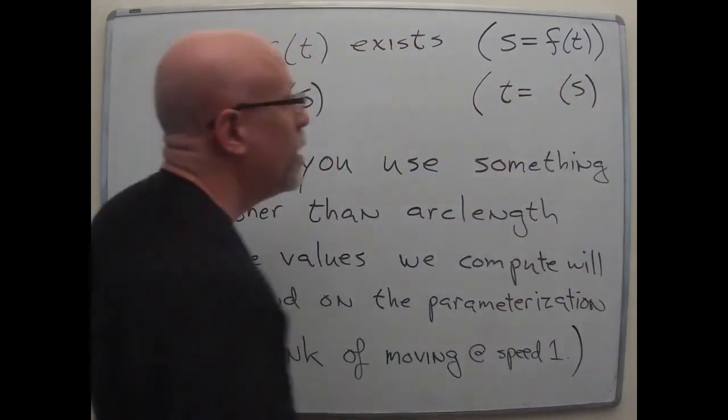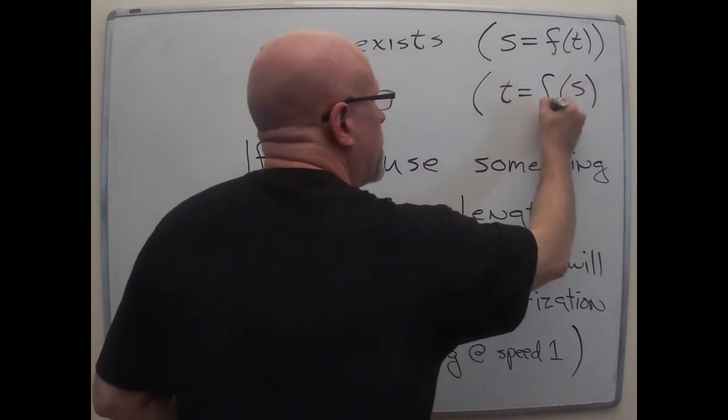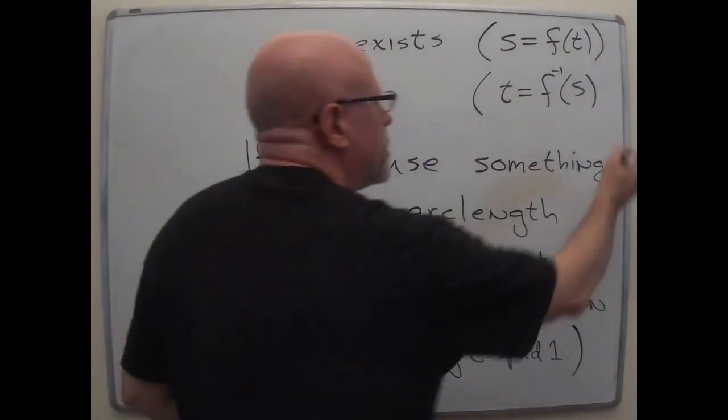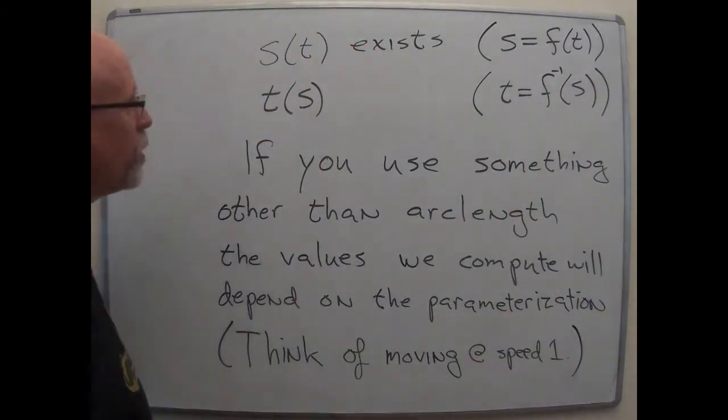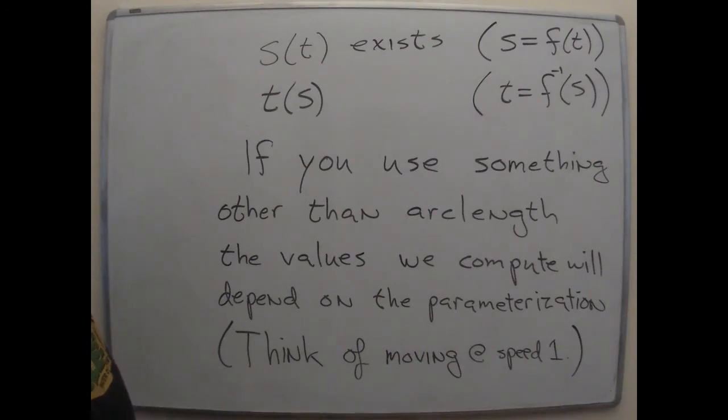I've left a blank there. What goes in there? That's the inverse function, isn't it? That's f inverse of s. So if you want to get this t of s, that's exactly what it is. You find the inverse relation.